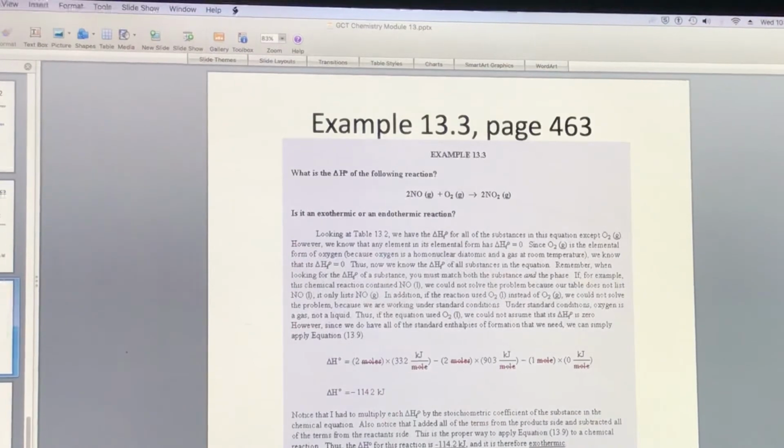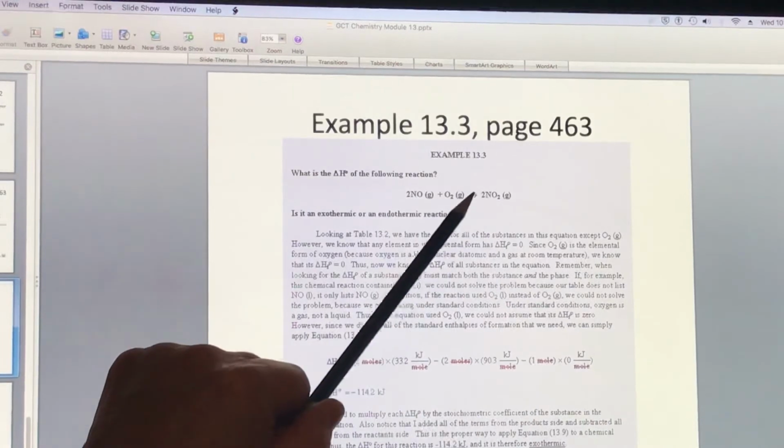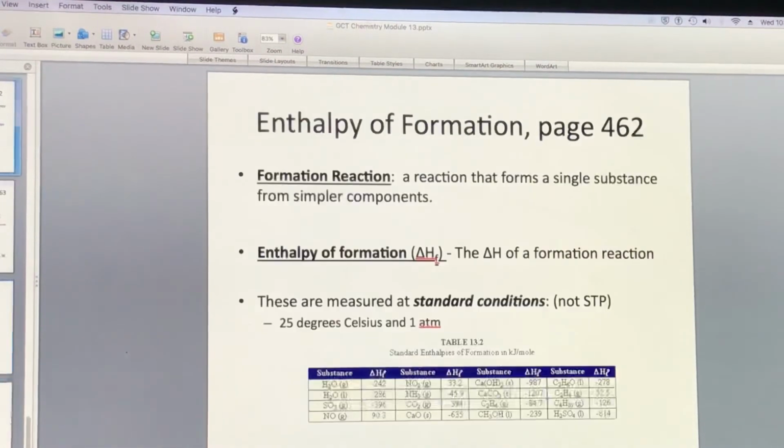This is actually pretty straightforward because we're going to start with our products. So we look at the NO2 back on this chart right here. You see the value for the delta H here is 33.2.